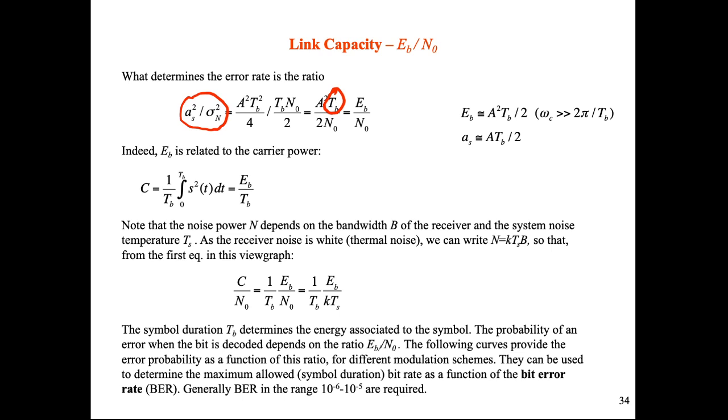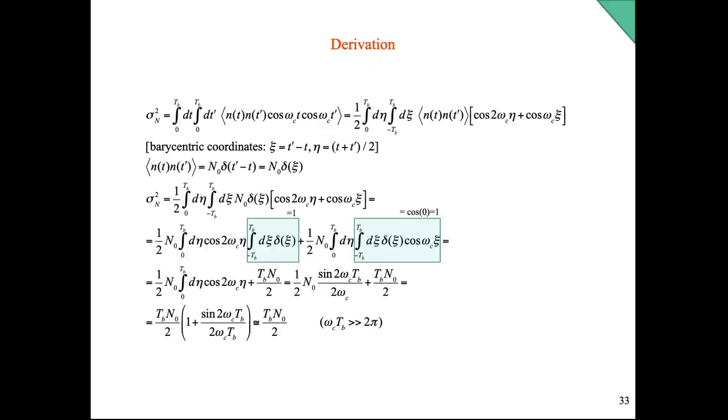Therefore, the square root of this is proportional to the square root of t bit. And this ratio, this is the important thing, is a function of a quantity Eb over N0, or the energy per bit over the noise density in 1 Hz. And remember how we defined N0.